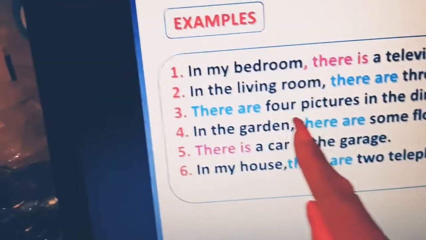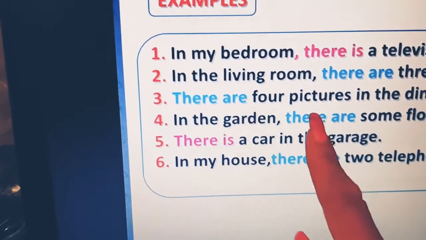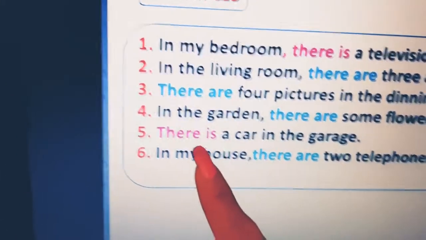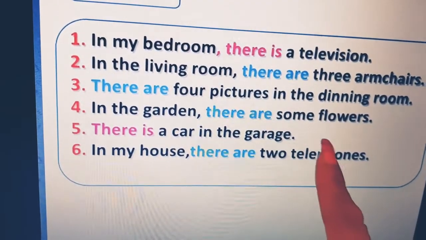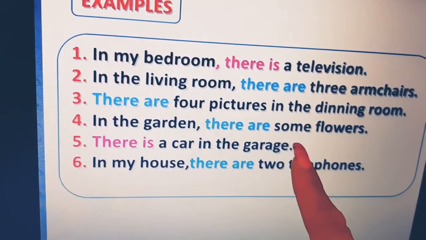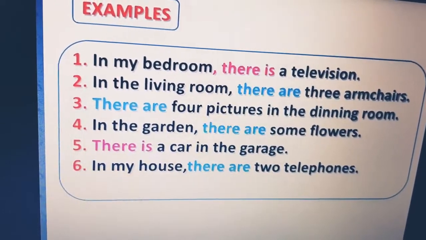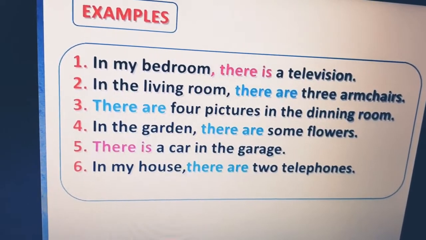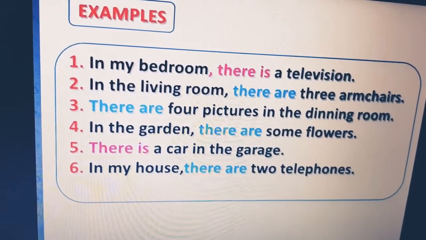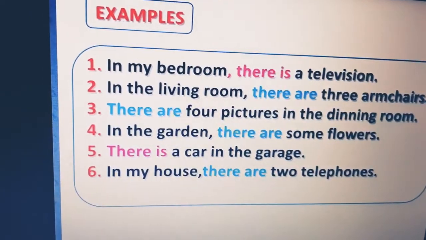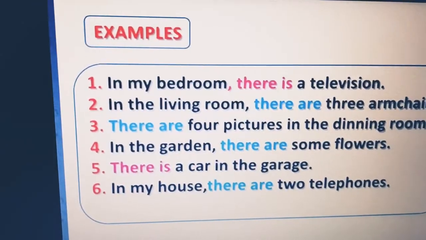Next one, there are 4 pictures. One more time, it's not just one, it's plural. Next one, in the garden there are some flowers. So some is plural, it's okay. There is a car in the garage. Yes, just one. In my house there are 2 telephones. It's okay. Well, today we will finish with this lesson.